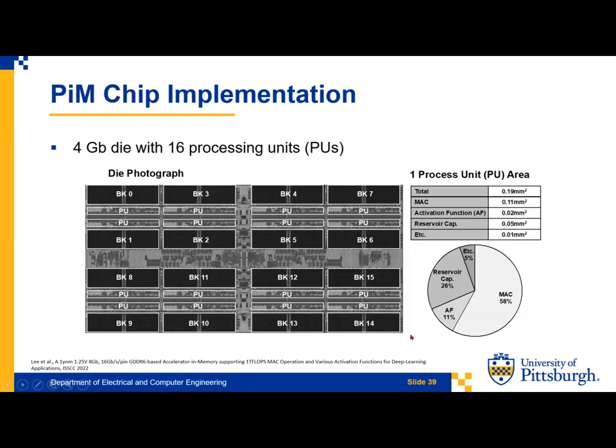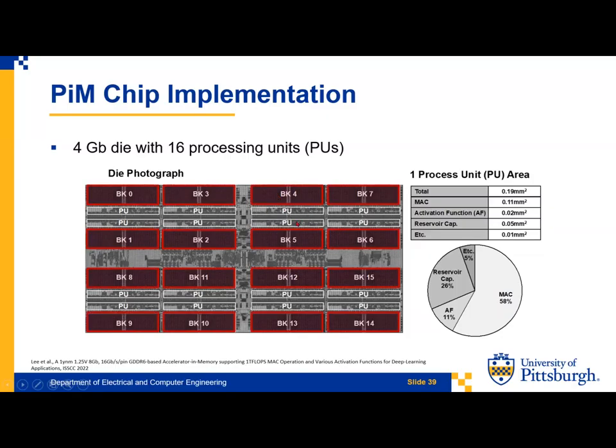From this figure, we can see that in the processing in memory implementation, many processing units are put into the memory, and the processing unit could directly access the memory bank, access the data, do the computing, and write back the results to the bank.